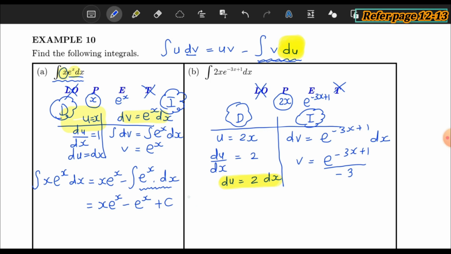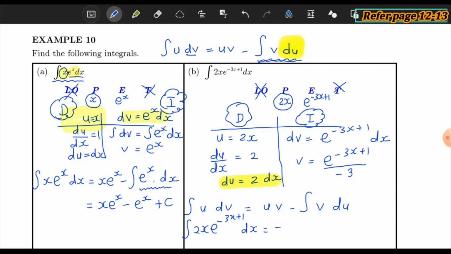Now we will use the formula integrate u dv equal to uv minus integrate v du. For this case, we have integrate 2x exponent negative 3x plus 1 dx equal to u times v.